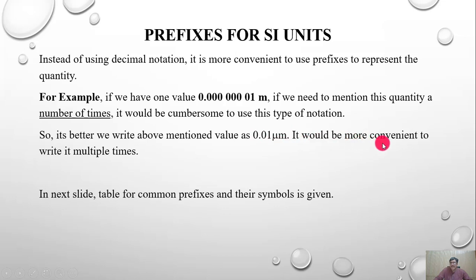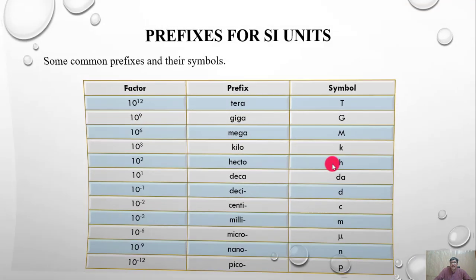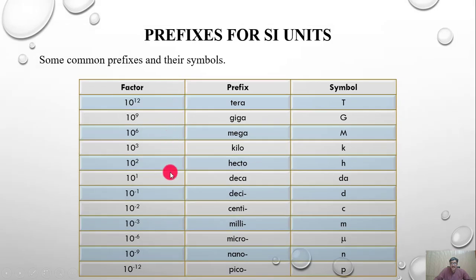It would be more convenient to write it multiple times. In one problem, if we want to write this value again and again, why not go for such a format? In the upcoming slide, we have some commonly used prefixes.